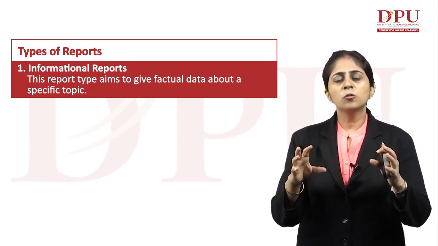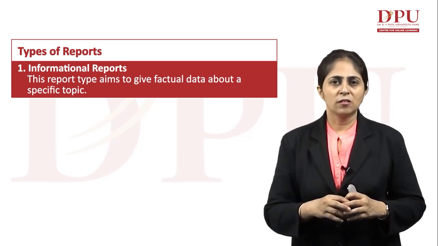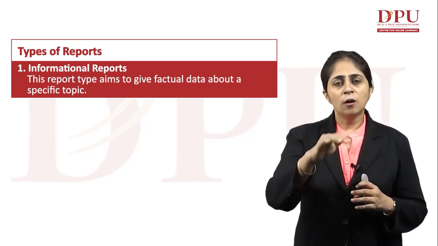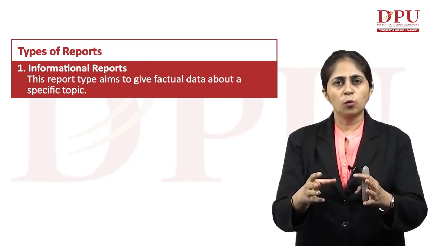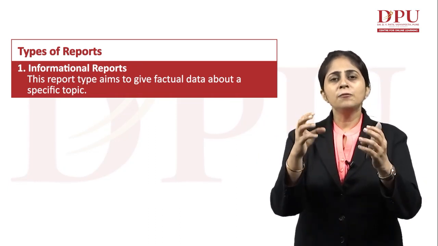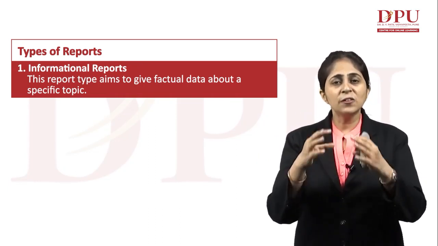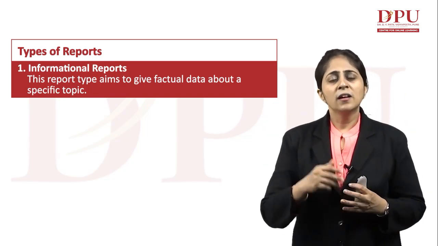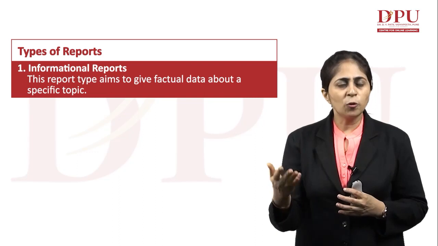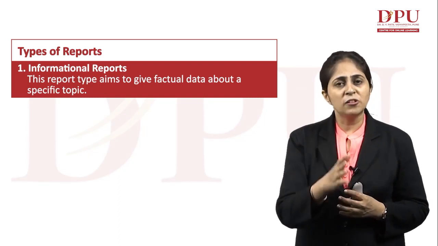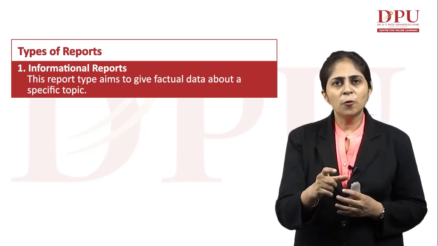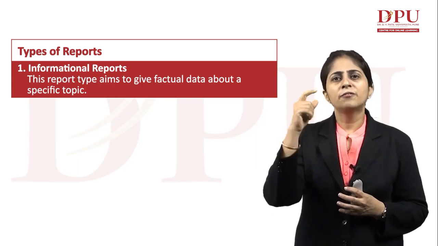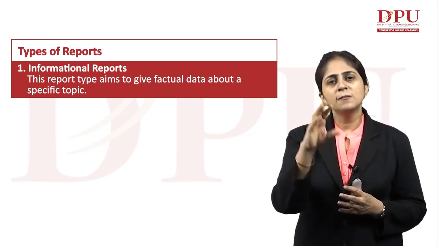That means if you want to get some specific information related to the organization from the data that you have stored, the form of report that gets generated is a category of report known as an information report.